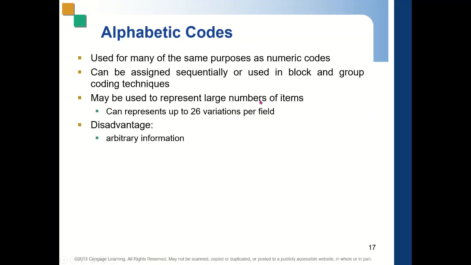So those are of course, again, you could use numbers. You could use just letters on their own, A, B, C, D, or you could use letters in combination with numbers. You are free to do that.